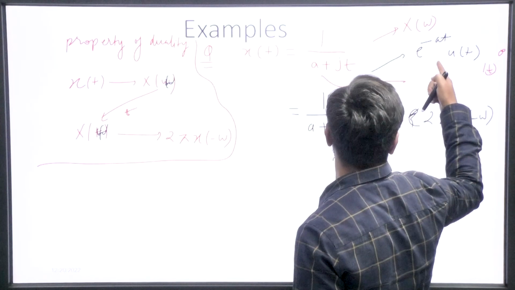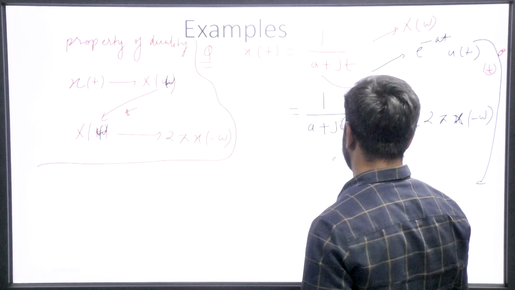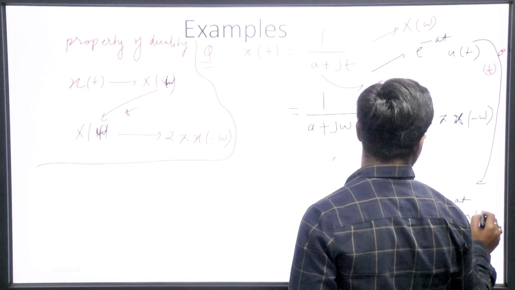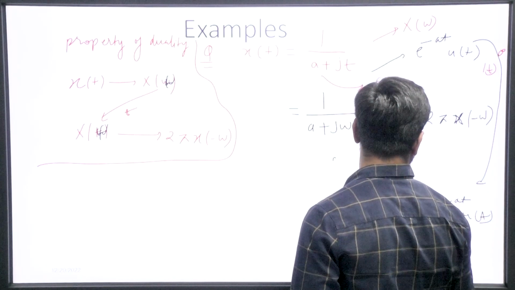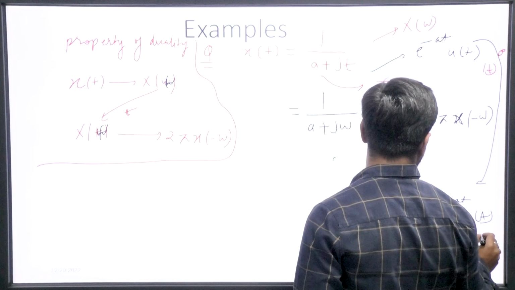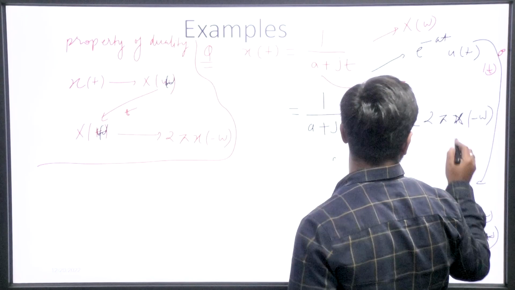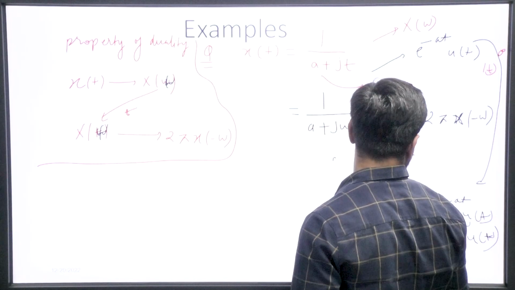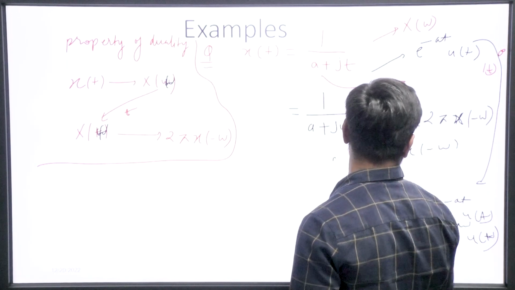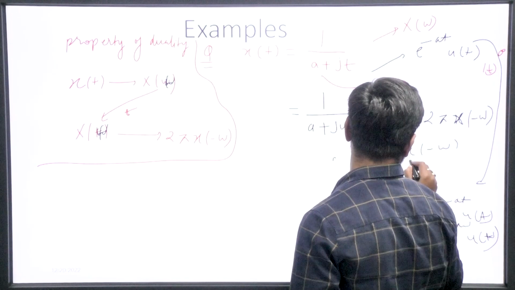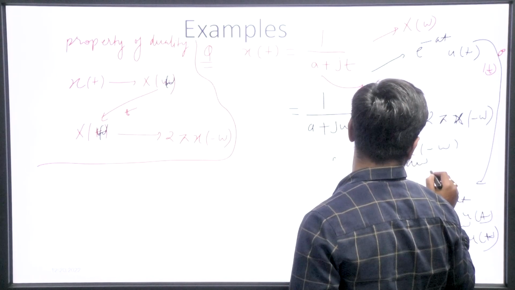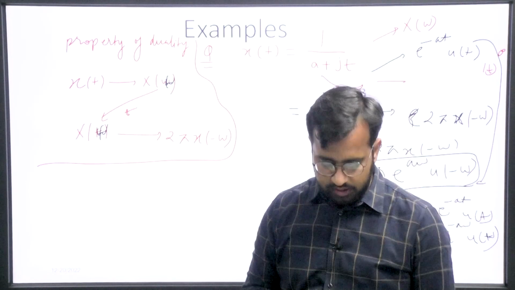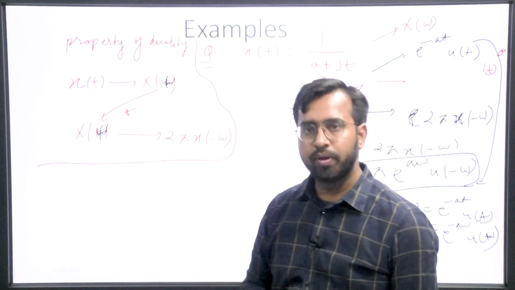This is basically x(t), so how will we write X(omega)? x(t) is e to power minus a t u(t), so X(omega) will be e to power minus a omega u(omega). Here we replace: 2 pi x(minus omega) will become 2 pi e to power minus a minus omega u(minus omega). Minus minus becomes plus. So, this will basically be the result: 2 pi e to power a omega u(minus omega).